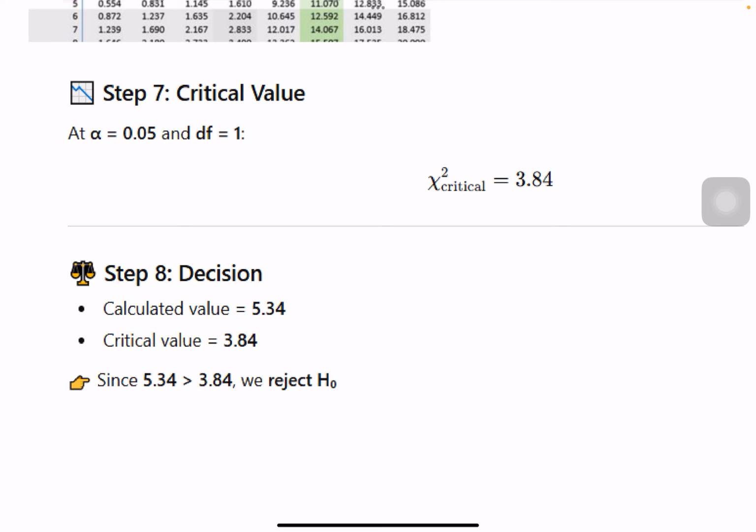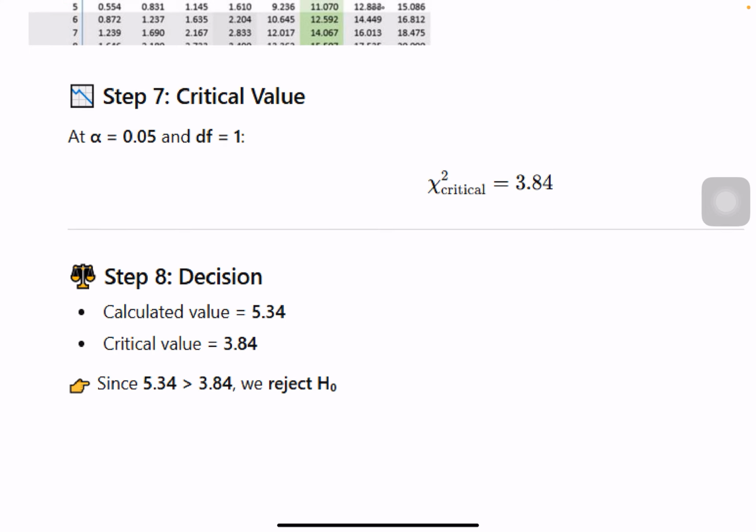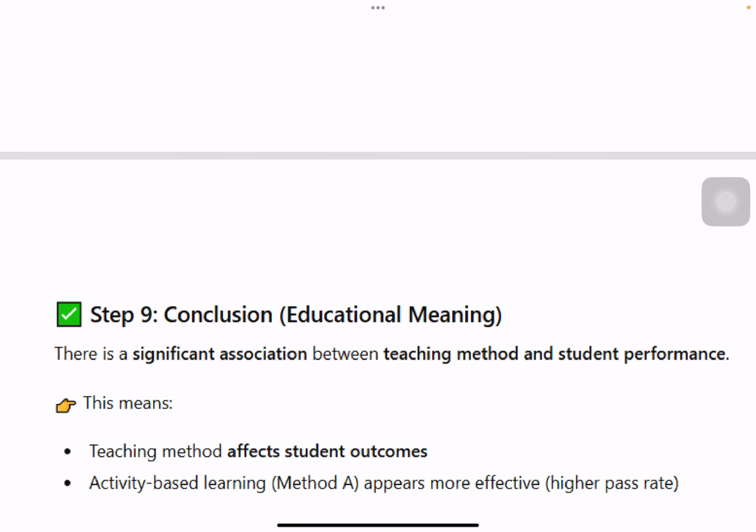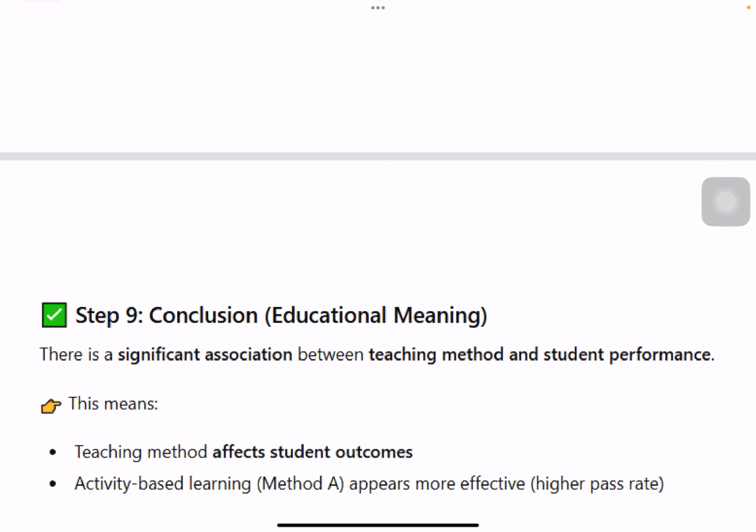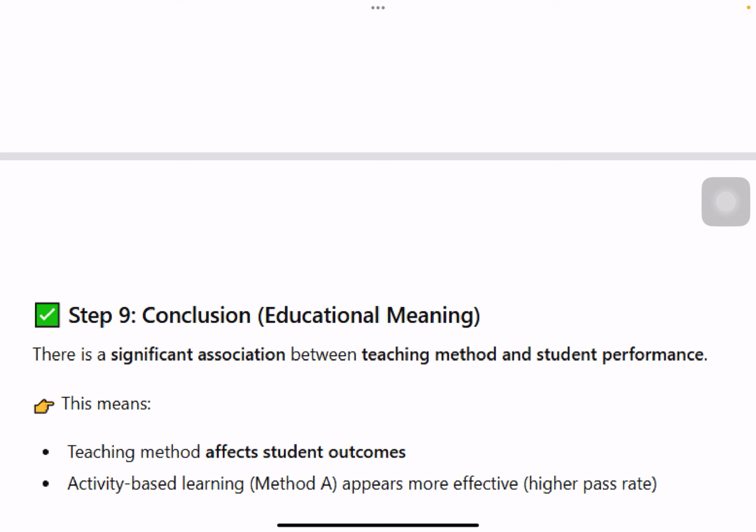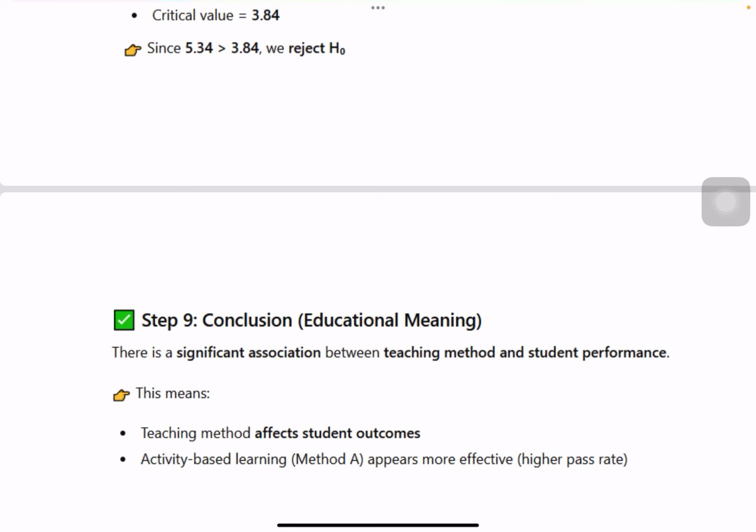It means that they are independent, because when we reject H0, it means that there is nothing, no relationship. So there is a significant association between teaching method and student performance. This means teaching method affects student outcomes.